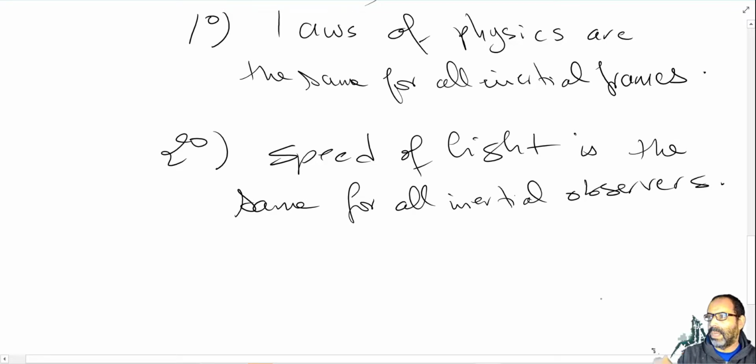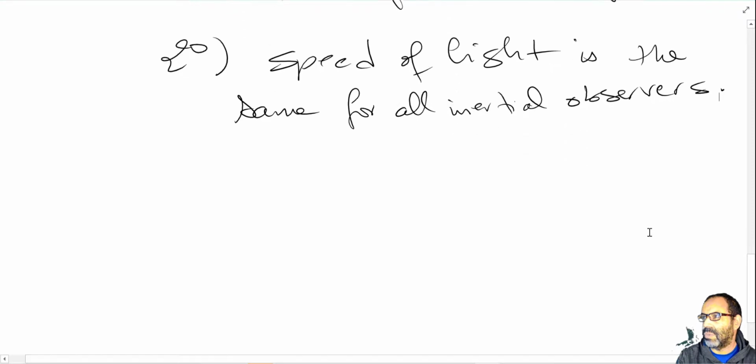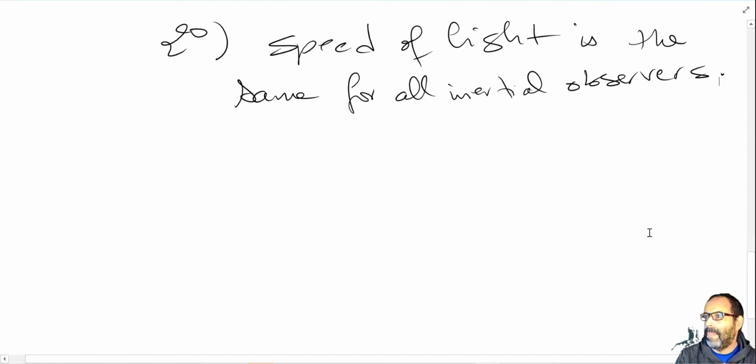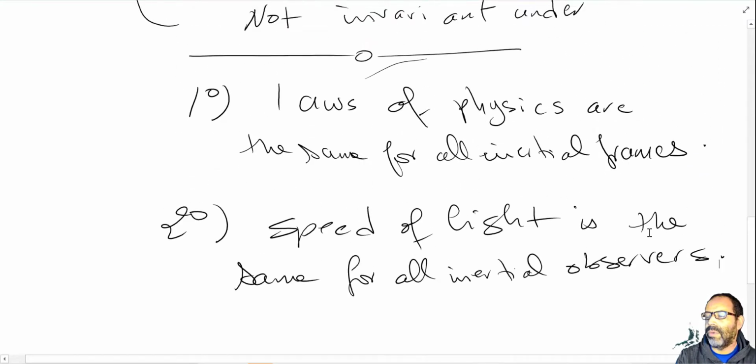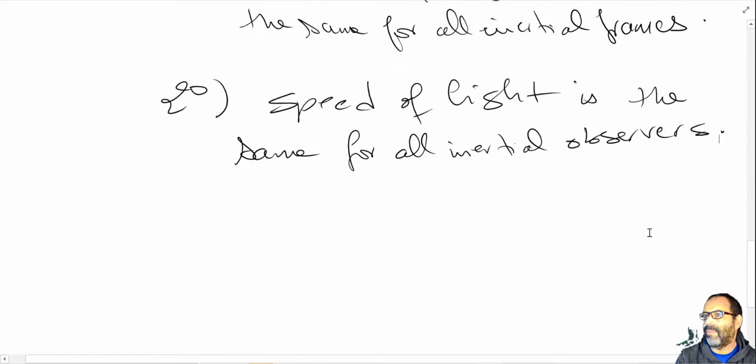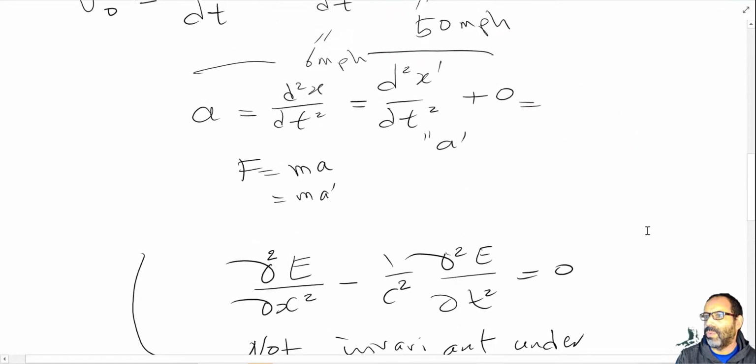As a consequence, it will turn out that the speed of light is a Mach speed. Nobody can travel with the speed of light. Nothing can, at least nothing that has mass, and you will see that. Those are the two postulates of relativity. So let's see how we can fix these transformations so that everything works.